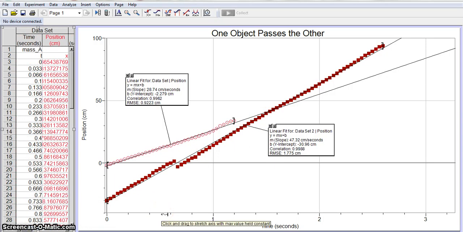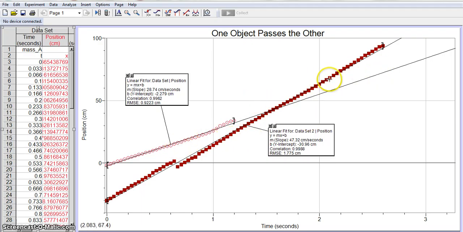Obviously we're going to have a few difficulties tracking the slower car because of the way we filmed it from the side. When this car passed this one, it blocked what the auto tracker was tracking, so we didn't get the real data for this.